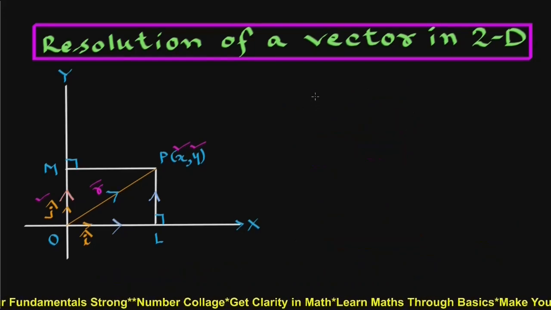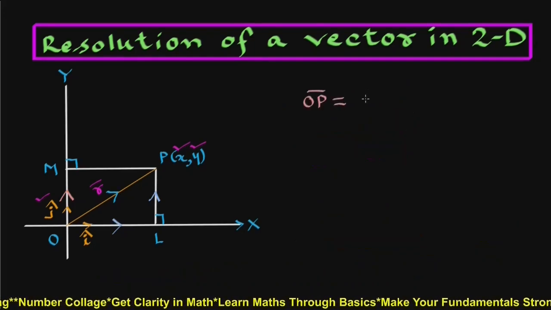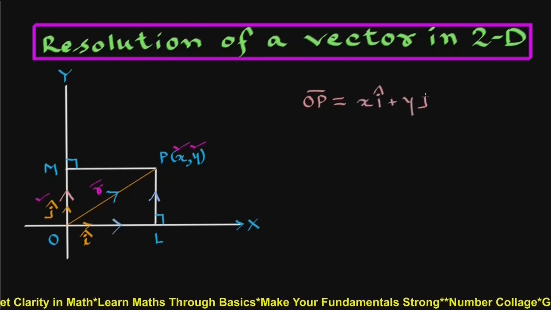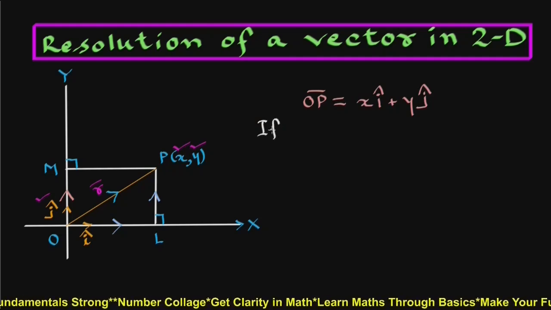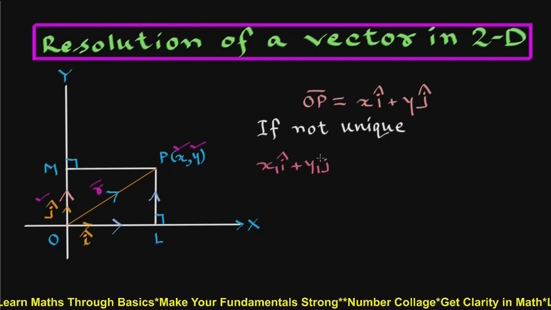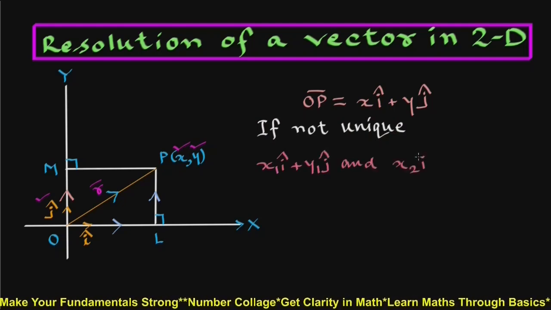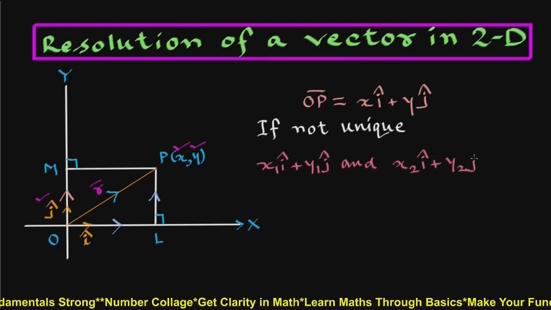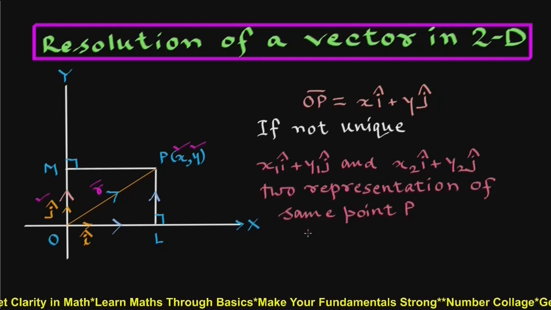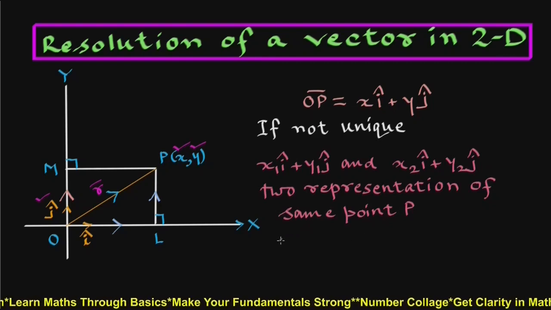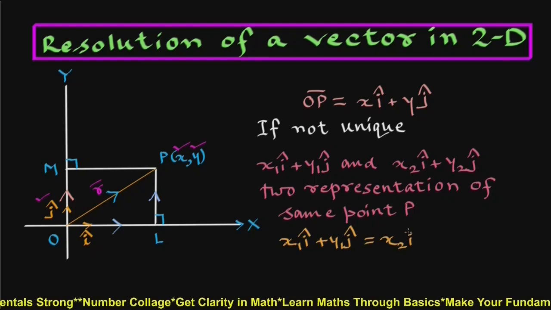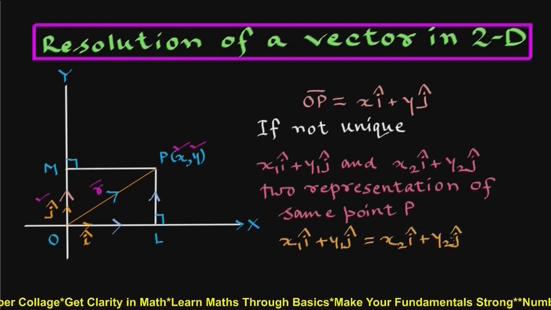Let us remember that OP bar can be uniquely expressed as x i cap plus y j cap. If it is not a unique representation, then let us assume that x1 i cap plus y1 j cap and x2 i cap plus y2 j cap are two representations of the same point P. Then they must be equal. Therefore, x1 i cap plus y1 j cap equals x2 i cap plus y2 j cap.